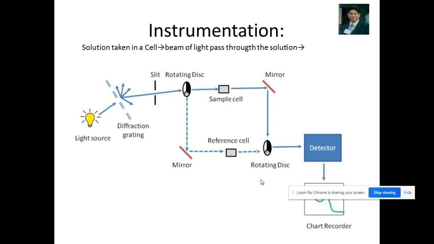The spectrometer electronically subtracts the absorption of the solvent in the reference beam from the absorption of the solution. Hence, effects due to the absorption of light by the solvent are minimized. In this way, the absorbance or the transmittance characteristics of the compound alone can be measured.